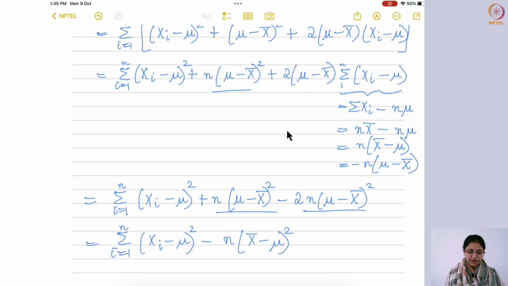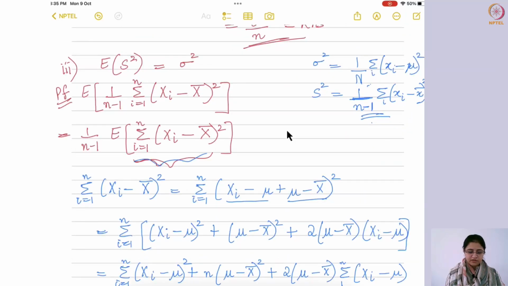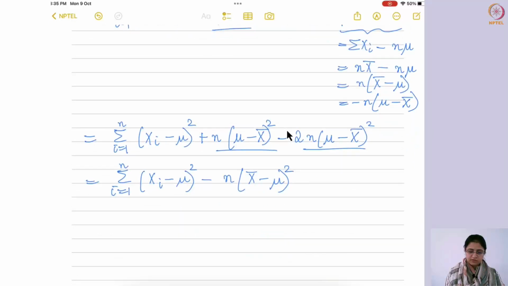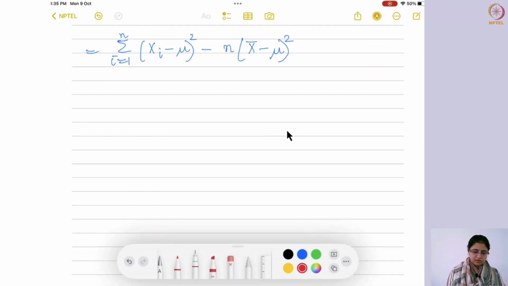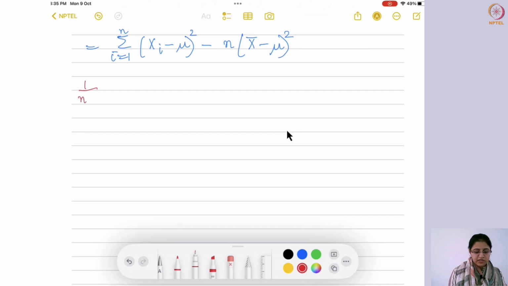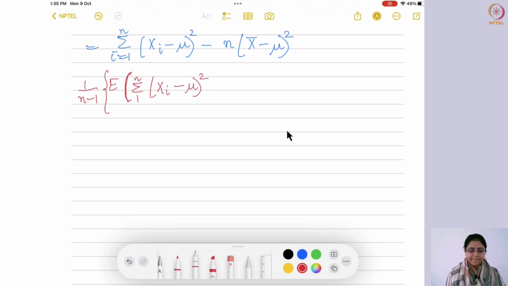Now you are left with these two terms. Let us now substitute it back into this expectation over here, right? So we had 1 over n minus 1 times the expectation; we are taking it inside. So first you have expectation of summation xi minus mu whole square, minus n times expectation of x bar minus mu whole square.